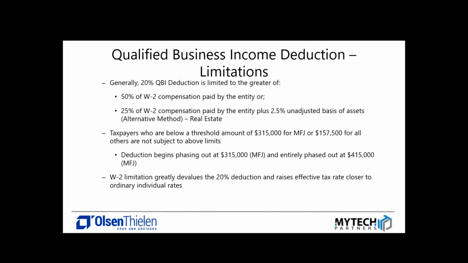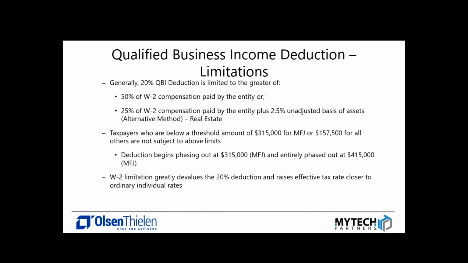So in order to get the full 20% deduction on your qualified business income, that 20% deduction has to be less than 50% of your W-2 wages. So you want to pay as much wages to your employees as possible to make sure you're getting this benefit.